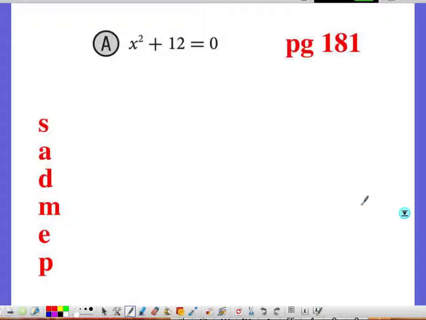Alright, so let's take a look at an example that helps us use this new information. Here again, doing the same thing. In order to solve an equation, we have to use reverse PEMDAS. So first of all, we want to look for addition or subtraction. Here we're adding 12, so we have to do the opposite, which is to subtract 12. So we're going to have x squared equals negative 12.